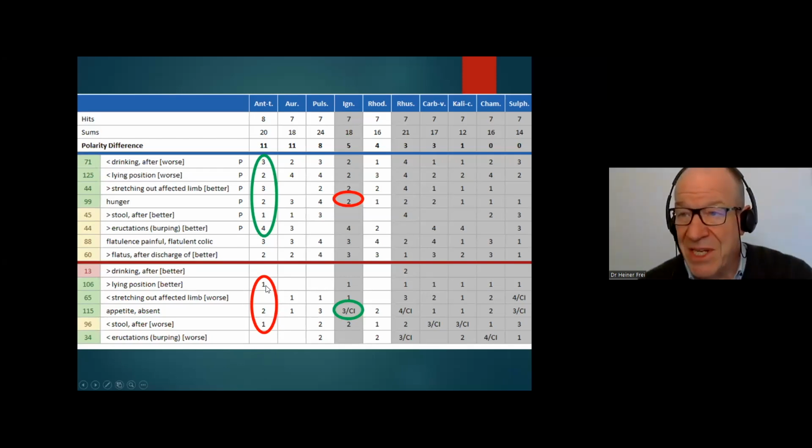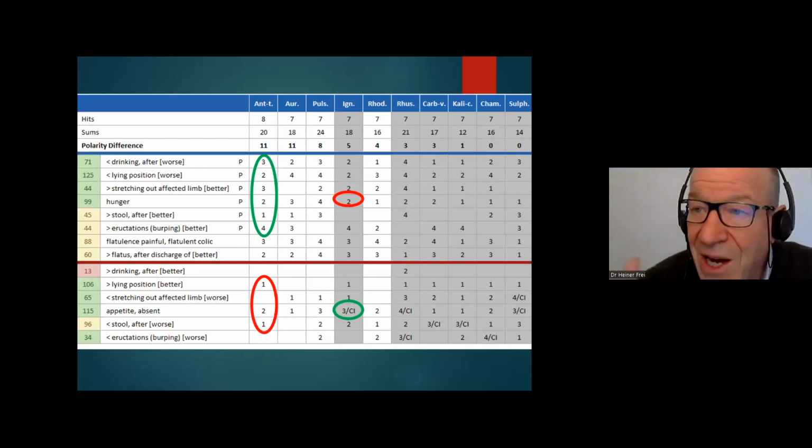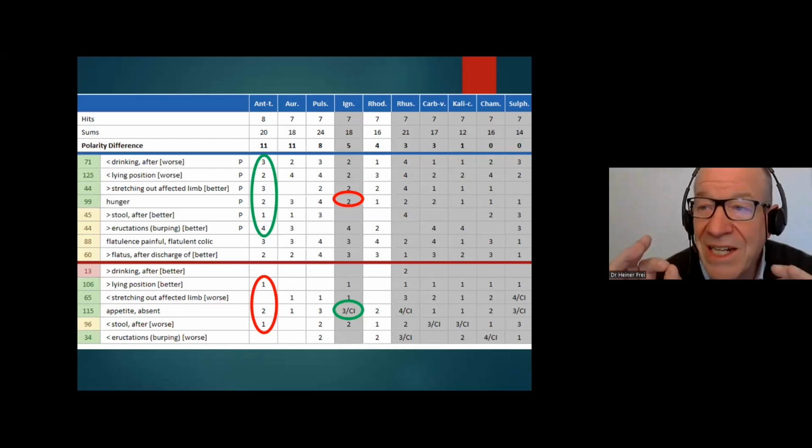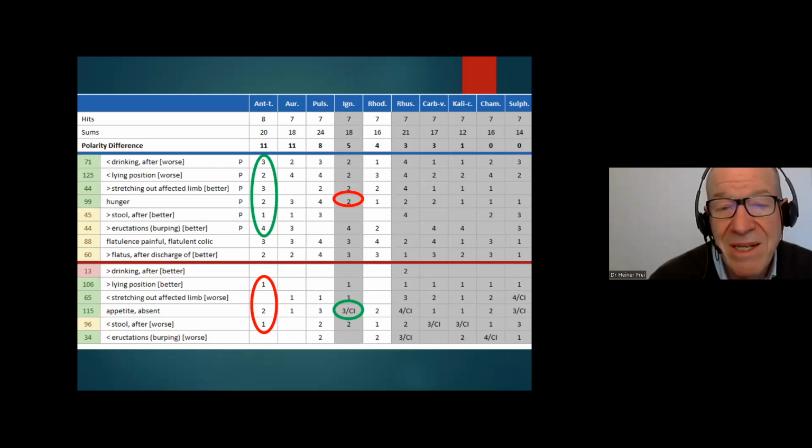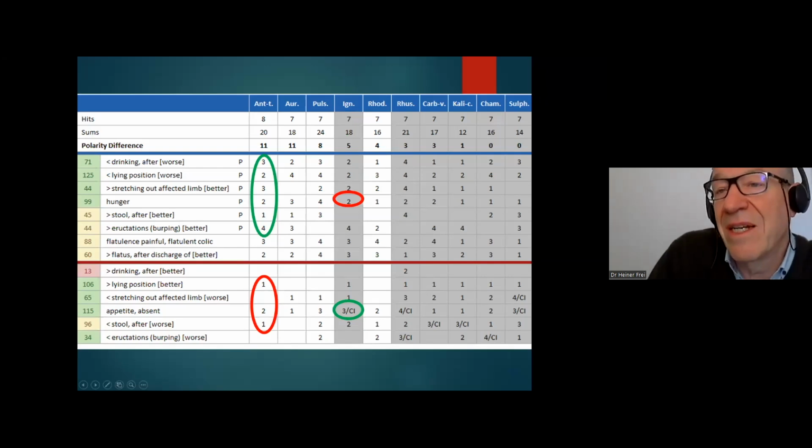So we get a measure of the probability of healing for each remedy. You see here, for instance, kalium carbonicum. It has a polarity difference of 1, and that means most arguments here are against.